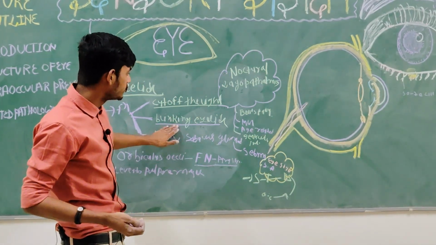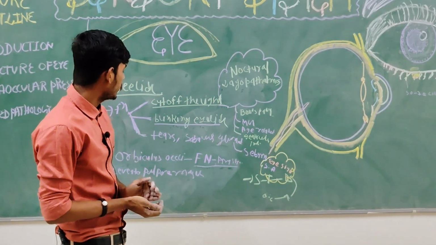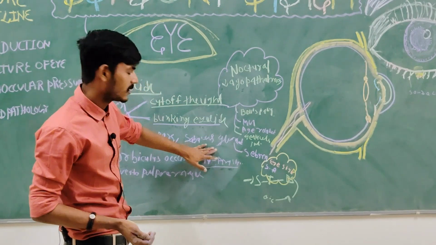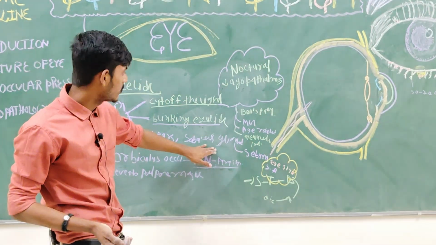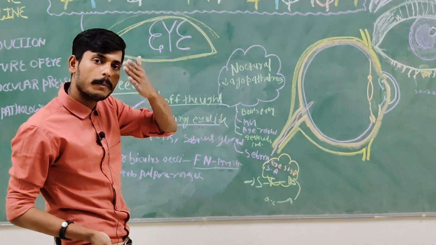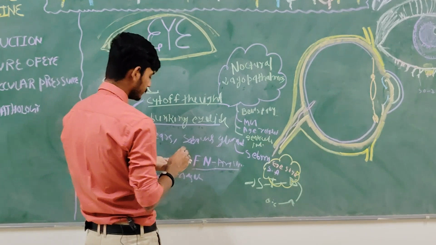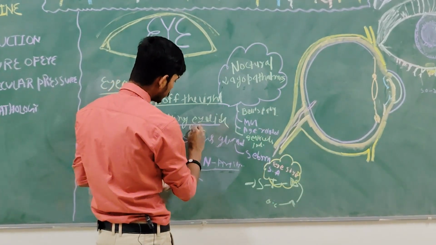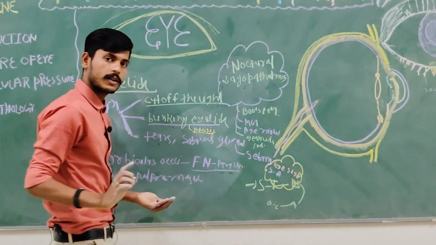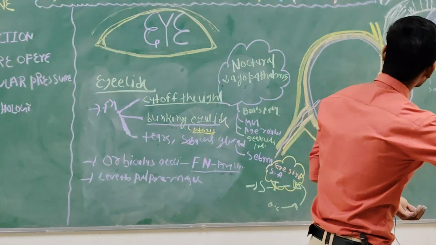About the blinking of the eye, sometimes, due to palsy or damage of the facial nerves, the patients are unable to open their eyelid. That condition is called ptosis. Okay, understood? Now we move ahead.